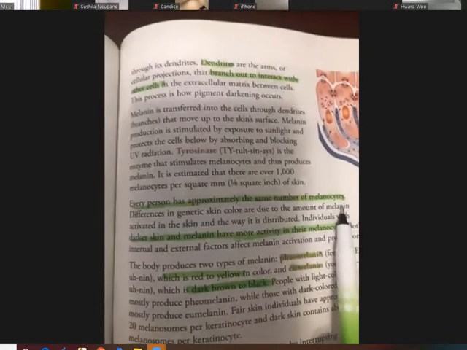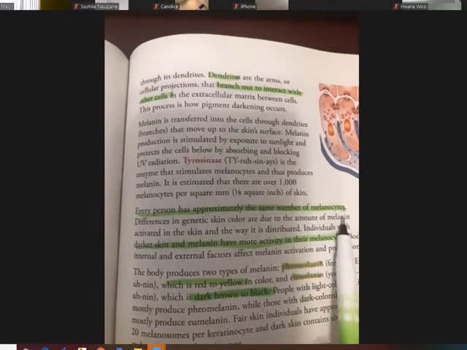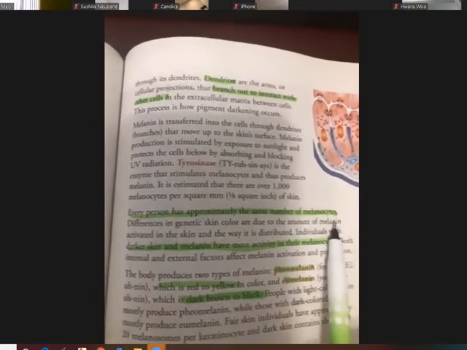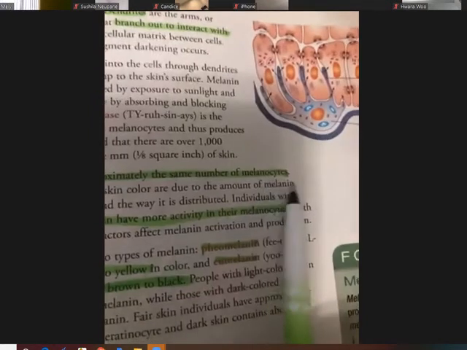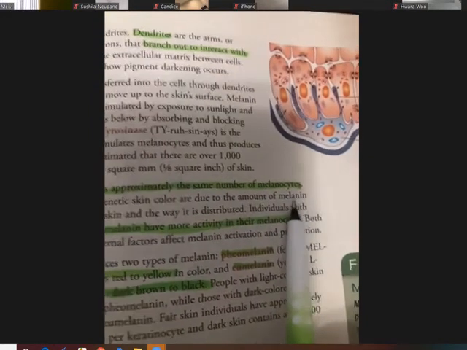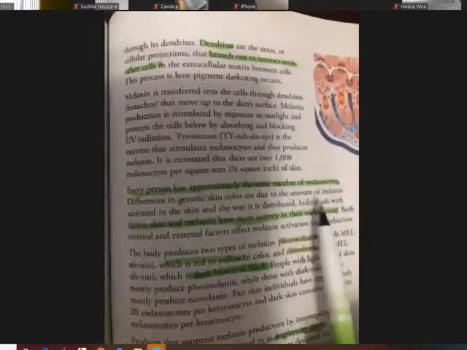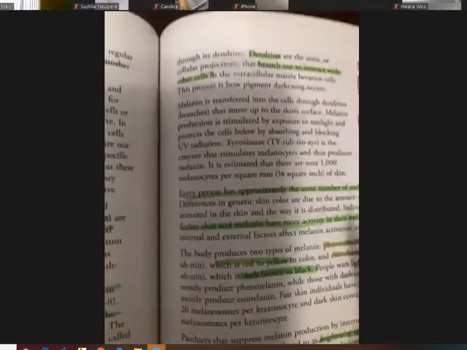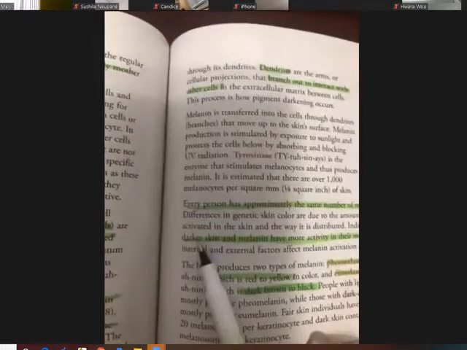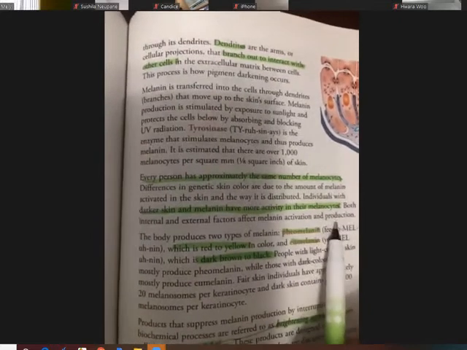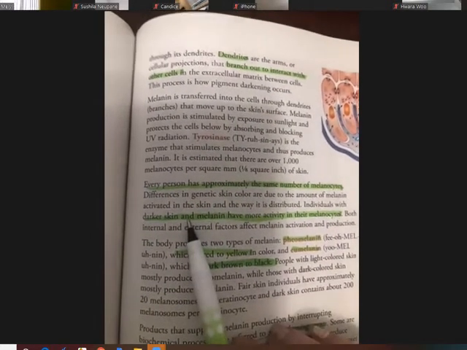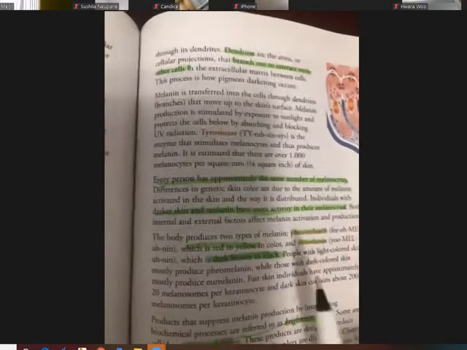Your skin color is because of your genes and also the melanin, so you become darker or get spots because of too much melanin. Individuals with darker skin have more activity in the melanocytes. Both internal and external factors affect melanin activation and production. The darker the skin, the more melanin. The body produces 2 types of melanin.